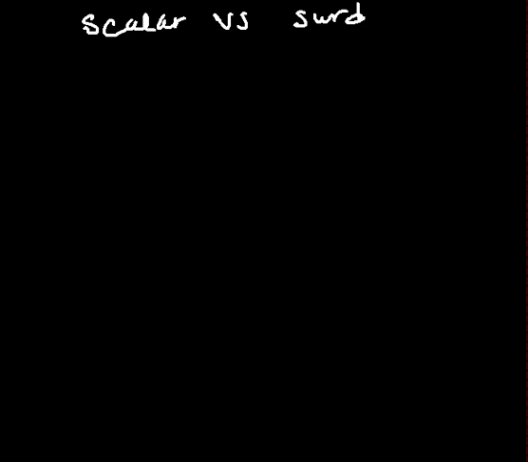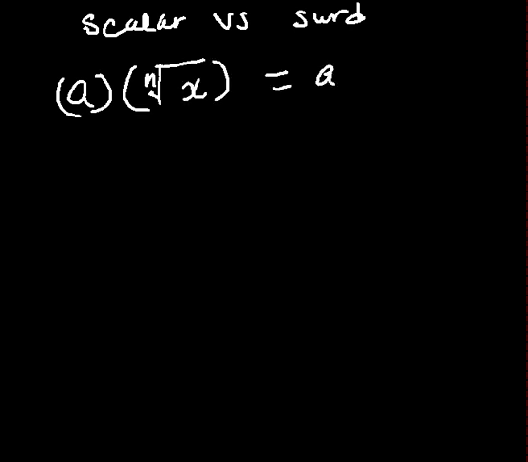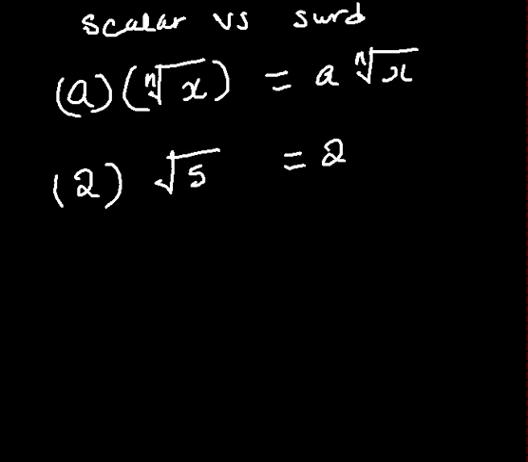In this case, if we have a times the nth root of x, this is the same as a times the nth root of x. So if we have, let's say, 2 times the square root of 5, this is the same as 2 times the square root of 5.